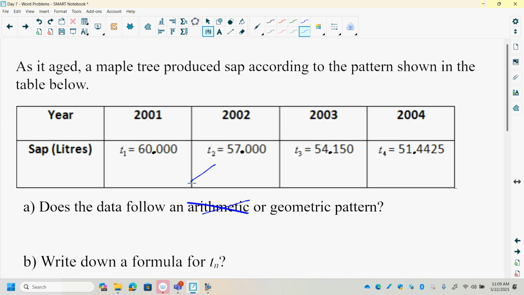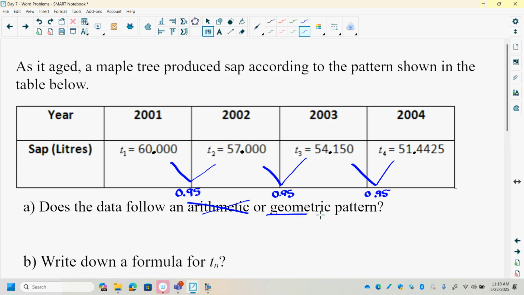What is 57 divided by 60? Try 54.15 divided by 57. Okay. And then try 51.4425 divided by 54.15. So does the data follow an arithmetic or geometric pattern? What would you say?